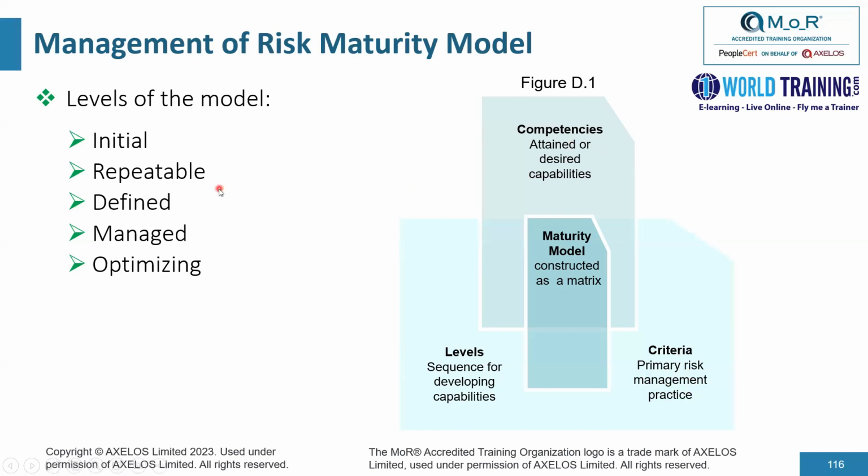For example, as I was talking about, different project managers use different risk registers. There's no standard risk register, so you could say we are at an initial level of maturity. But then let's say you would like to move to a defined phase, wherein everybody uses a defined set of approaches in the context of identifying risks. So this is a good tool to understand where we are, where we would like to be, and how we really move to that particular level.